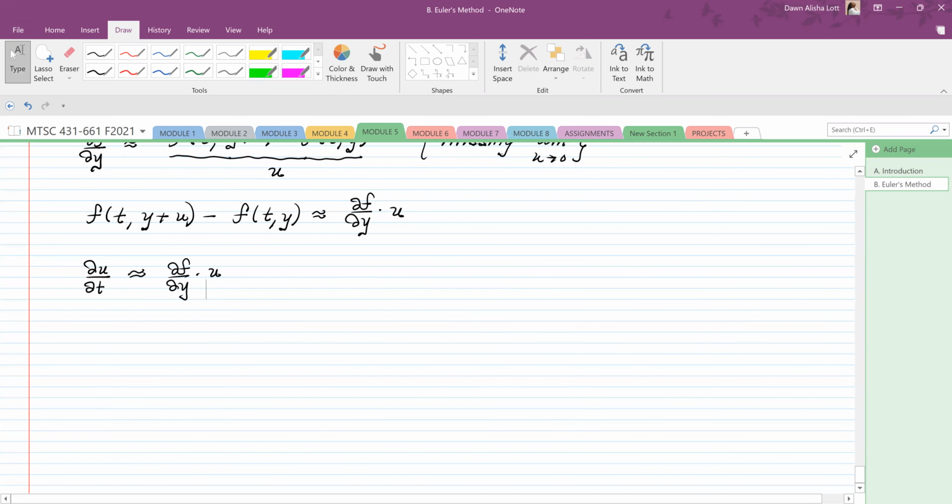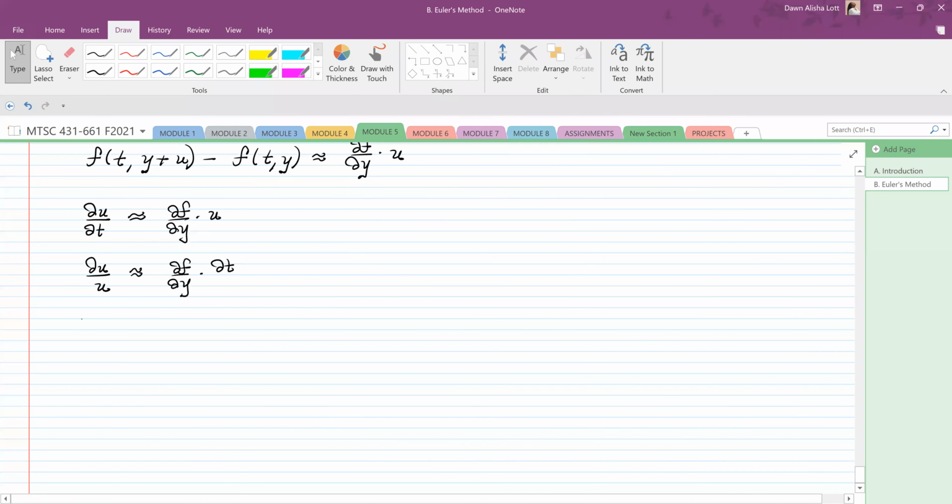So let's integrate both sides. This is basically du/dt, du over u, so I'm going to get the partial of u over u is approximately the partial of f with respect to y, the partial with respect to t.